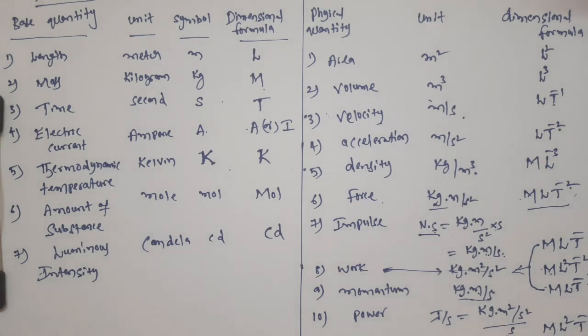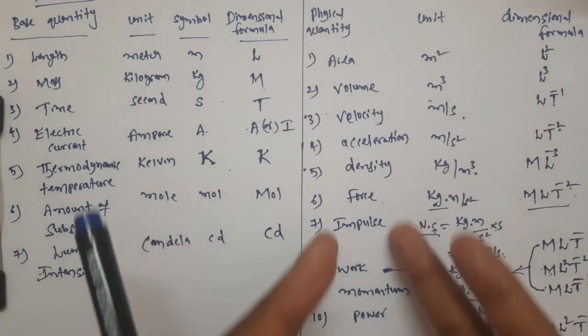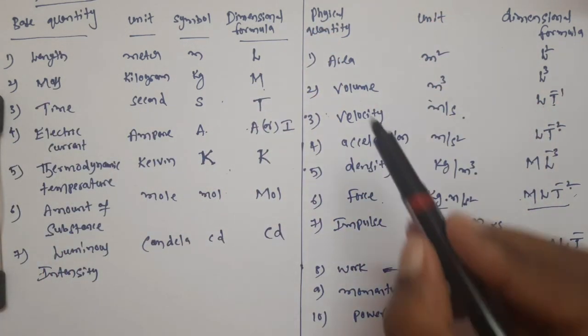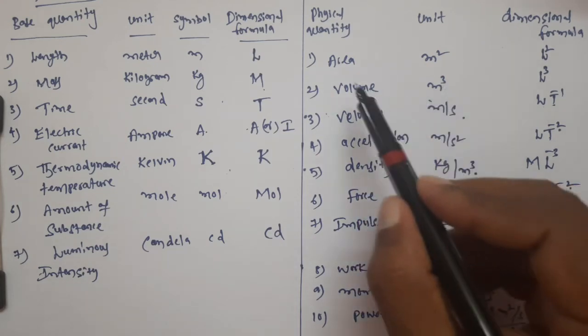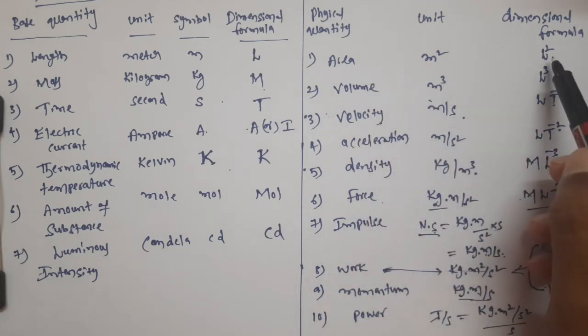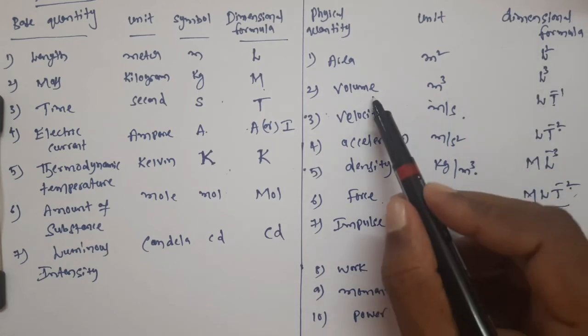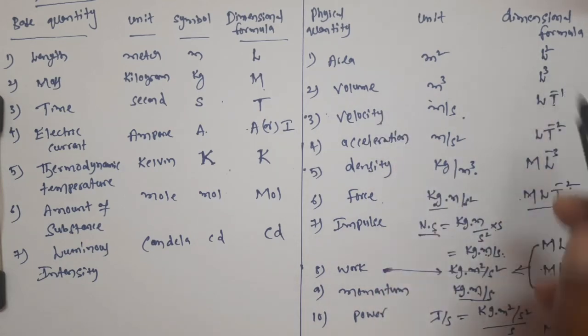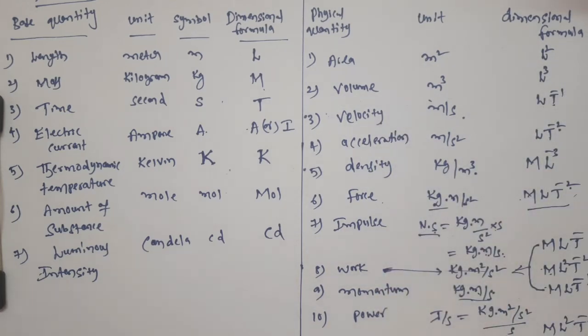Now do you understand? So in space, if we take any point, we can assign only 3 values, x, y, z values, isn't it? But when it comes to physical quantities, if we take area, the dimension of L is how much? 2. And when we take volume, what is the dimension of L? 3. And usually most of the physical quantities can be expressed in terms of MLT only, mass, length, time.